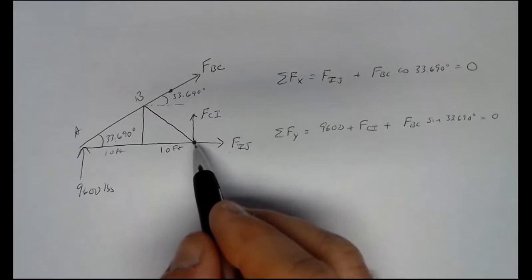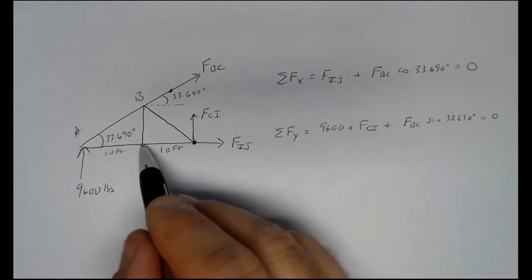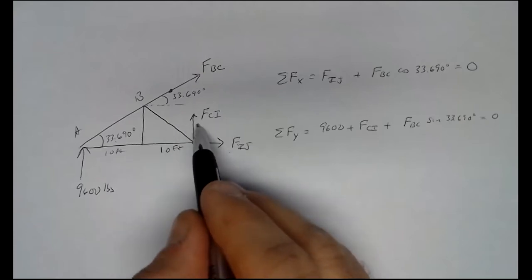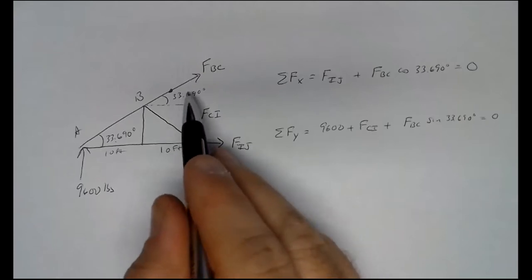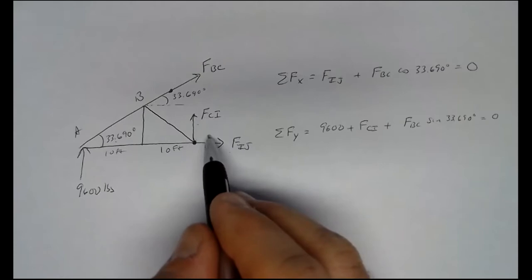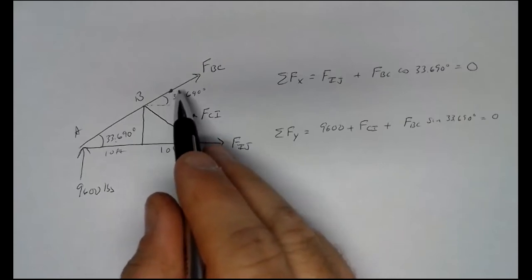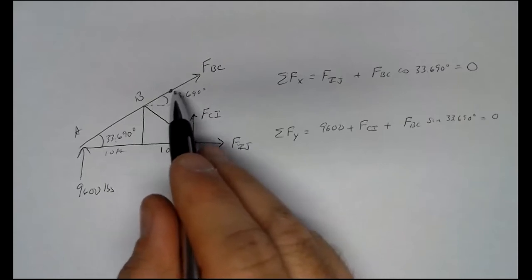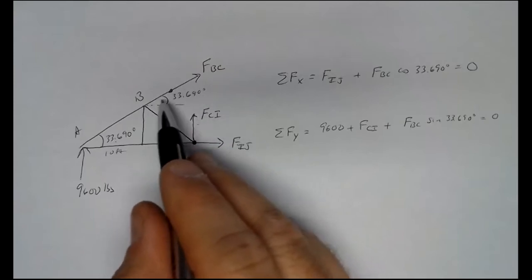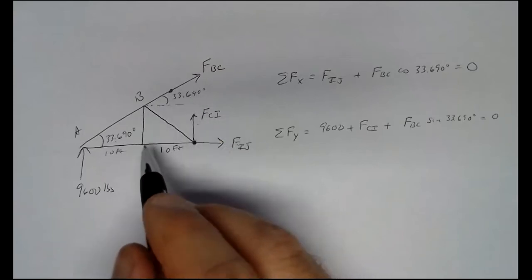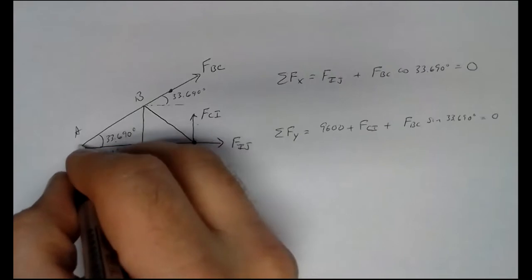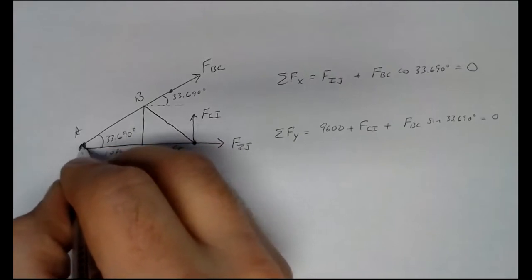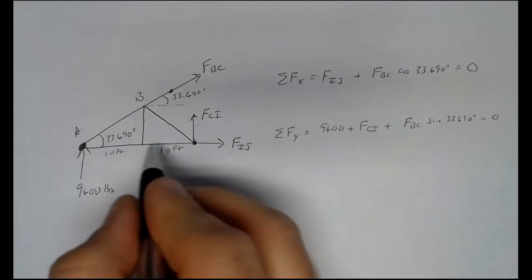Well, we don't have too many other points left to pick. This point here is not looking great because you're going to get FCI and FBC in there, and you're going to have still a weird angle problem. You still have to find a cosine of FBC. But check out A. If we pick A as our pivot point, something kind of interesting happens.